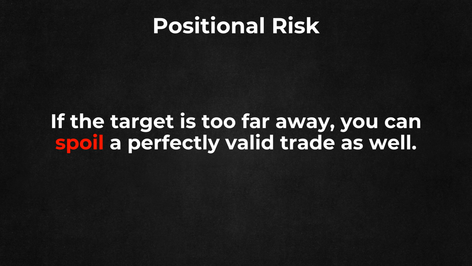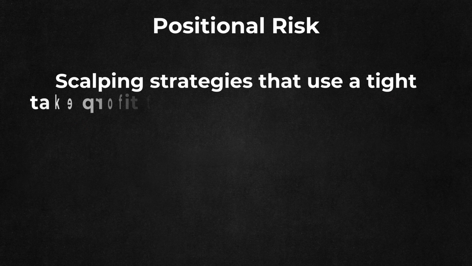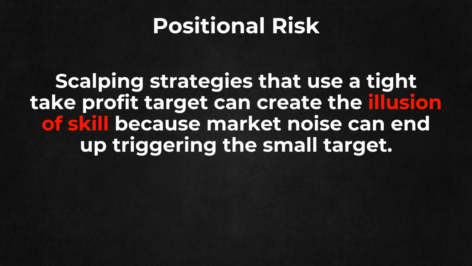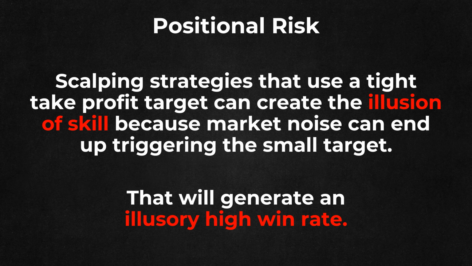In other words, if the target is too far away, you can spoil a perfectly valid trade as well. Another important point here is that scalping strategies that use a tight take-profit target can create the illusion of skill, because market noise can end up triggering the small target in the same way that it can trigger a tight stop, even if the trader is correct about market direction. That will generate an illusory high win rate.